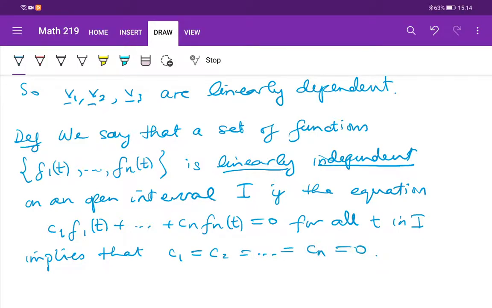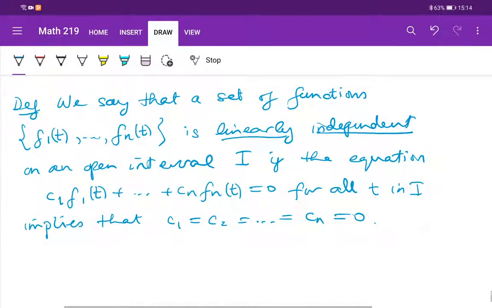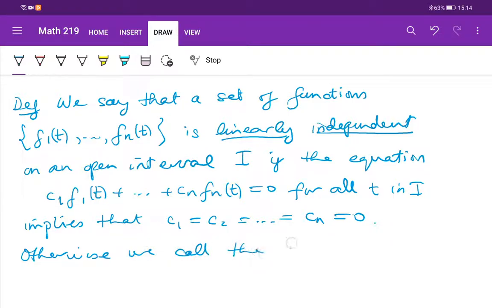Otherwise we call the functions linearly dependent.